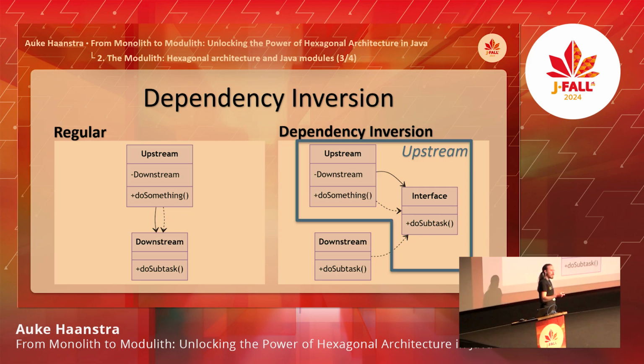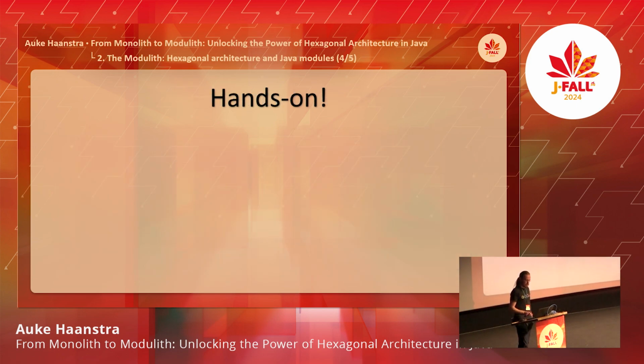So within the architectural boundaries of the upstream class, you can even define it as a static nested class, for example, in the upstream class, as a static nested interface, I must say. So you have the dependency pointing in the other direction of the flow. And that's what we call dependency inversion. And in this way, we can really decouple things. And that's what hexagonal architecture uses.